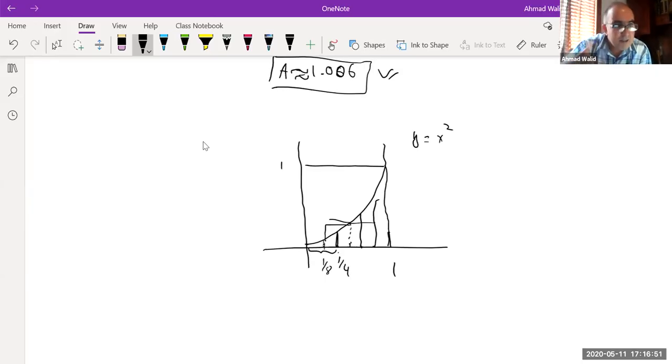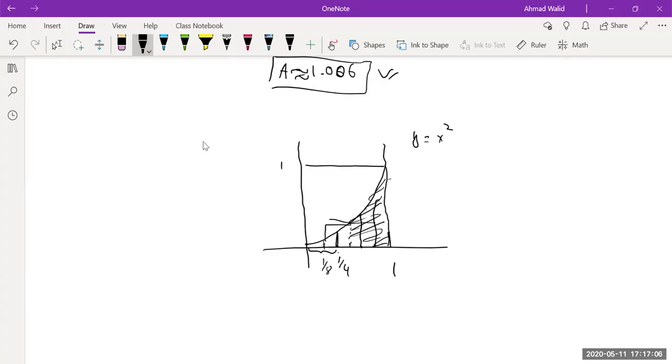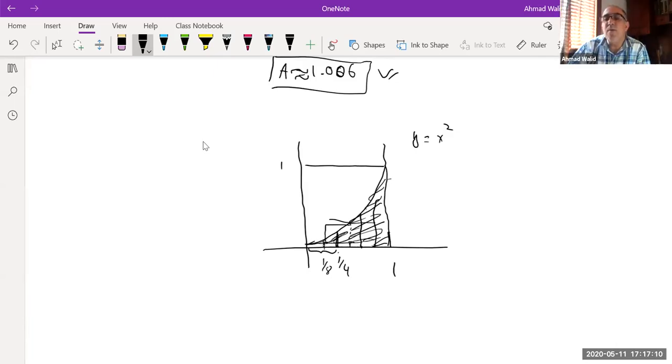But at least today I gave you an idea. What does it mean? Why integral? What was the purpose of integral? You are looking for the area under a curve, any curve, correct? Try to do this at home. If not, next day I'll do it for you. Then I'll start the lecture.